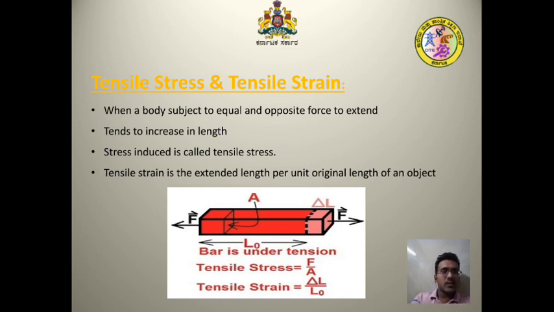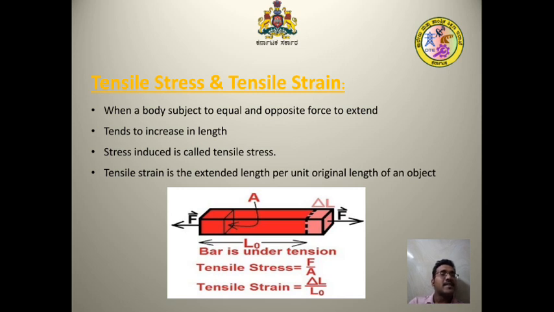So the stress has been produced. Which stress? Because the force applied is a tensile force, the tensile stress has occurred. What happens due to this? You can easily observe the area has been decreased, whereas the length has been increased.